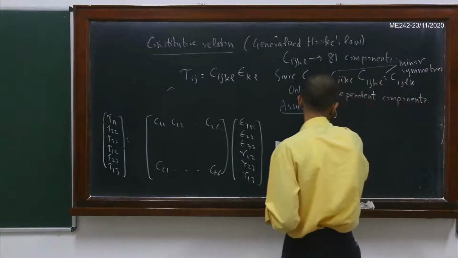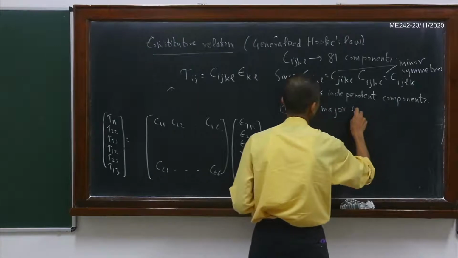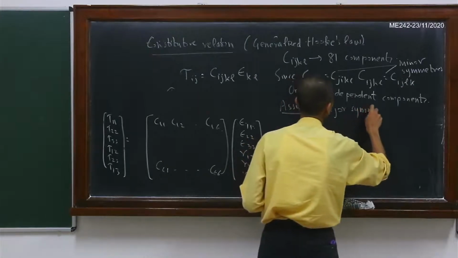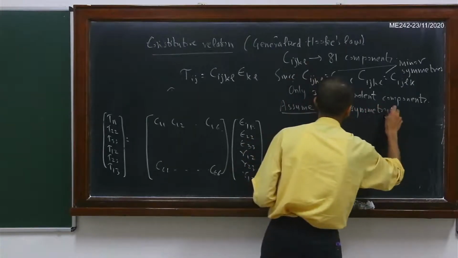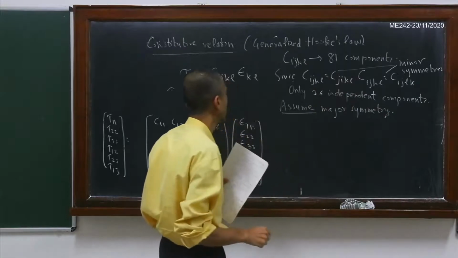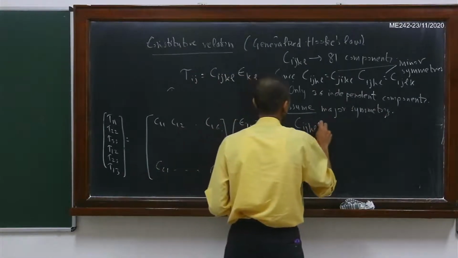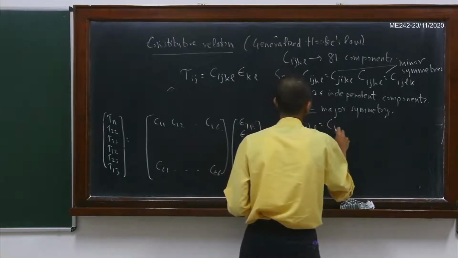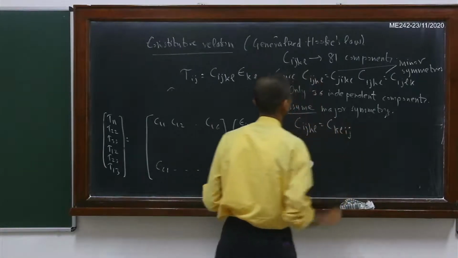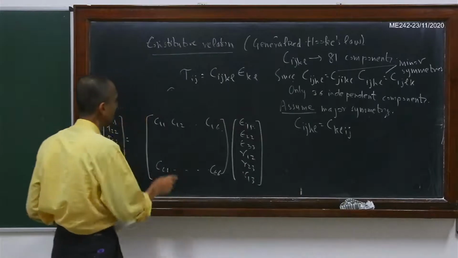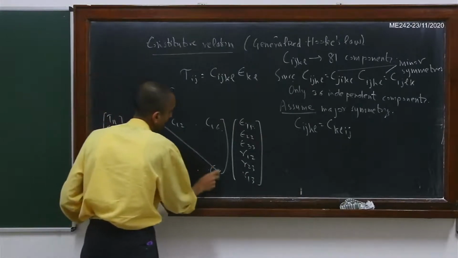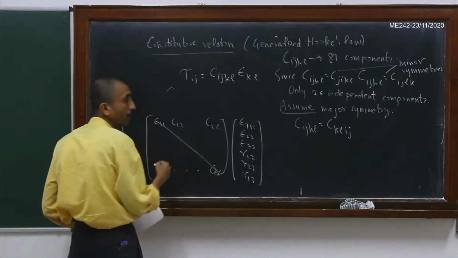And now let us assume major symmetry also. So major symmetry means that CIJKL is equal to CKLIJ. Okay, so what that means is that basically this is symmetric about this particular diagonal here.